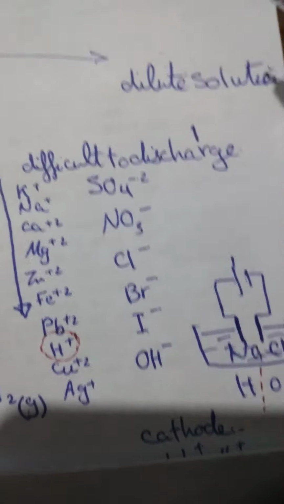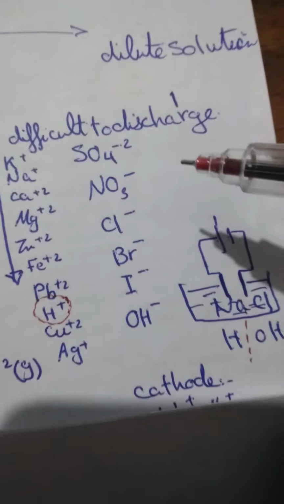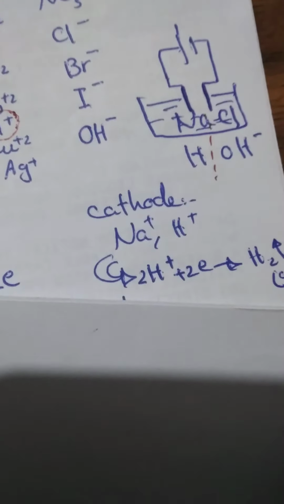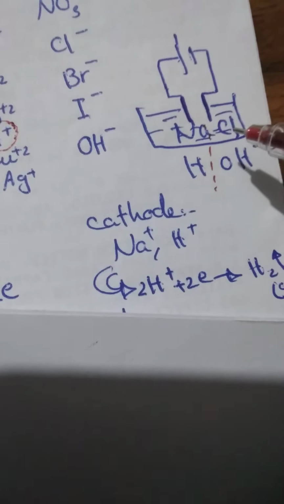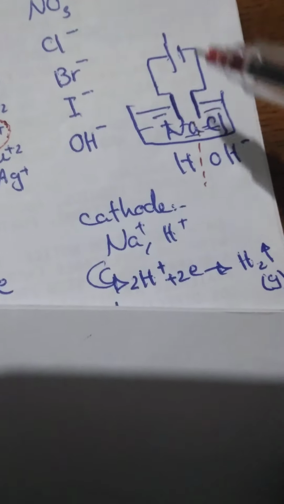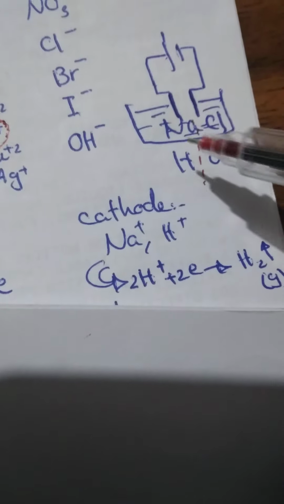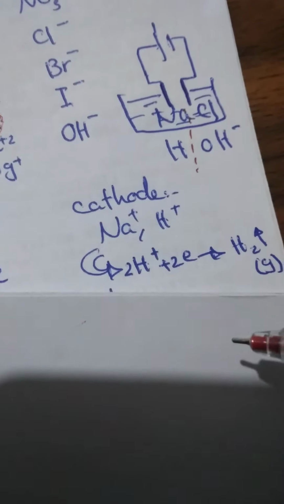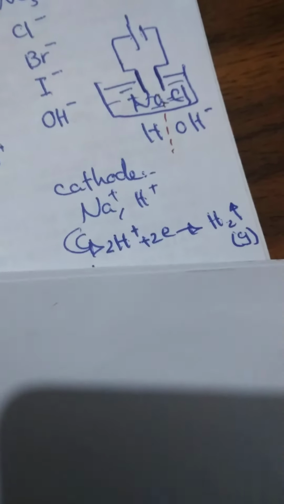The other form of sodium chloride here is the dilute solution. In dilute solution, we have more water and less sodium chloride. Once again, by the passage of current, cleavage will happen, and we expect sodium and hydrogen to migrate towards the cathode. Only one of them will be discharged.